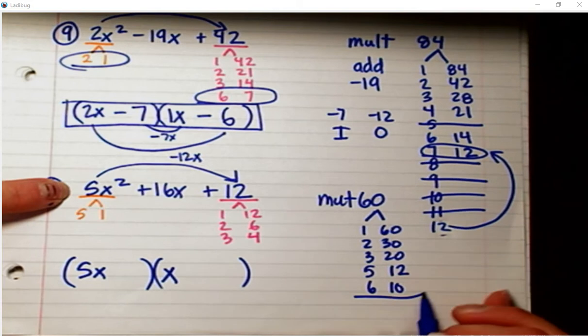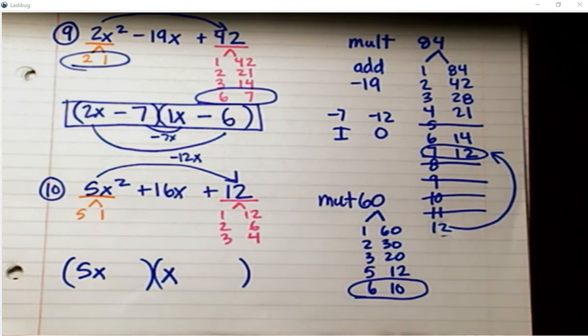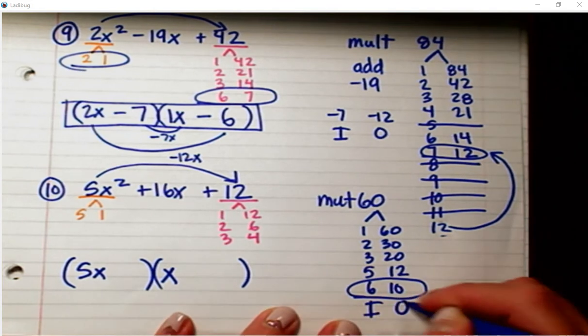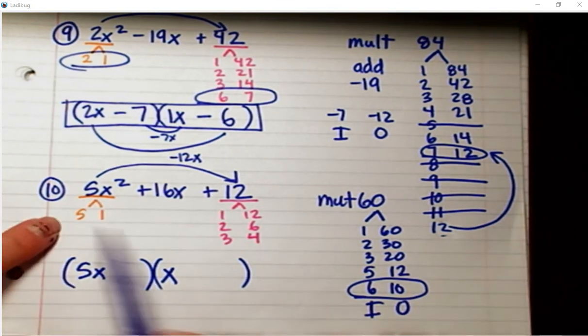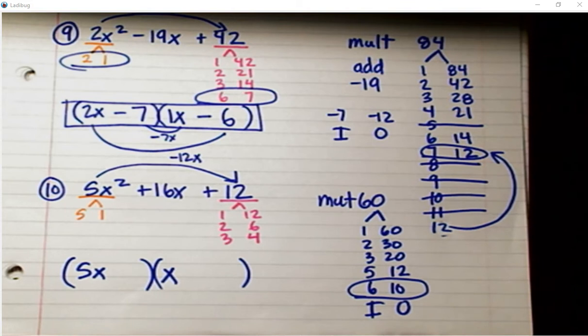Oh, perfect. If I find the numbers, I don't make the rest of my list. Okay, inner and outer. Notice the orange and the pink, that's just guess and check: what numbers am I allowed to use? The blue is actually working out what the FOIL is supposed to be.